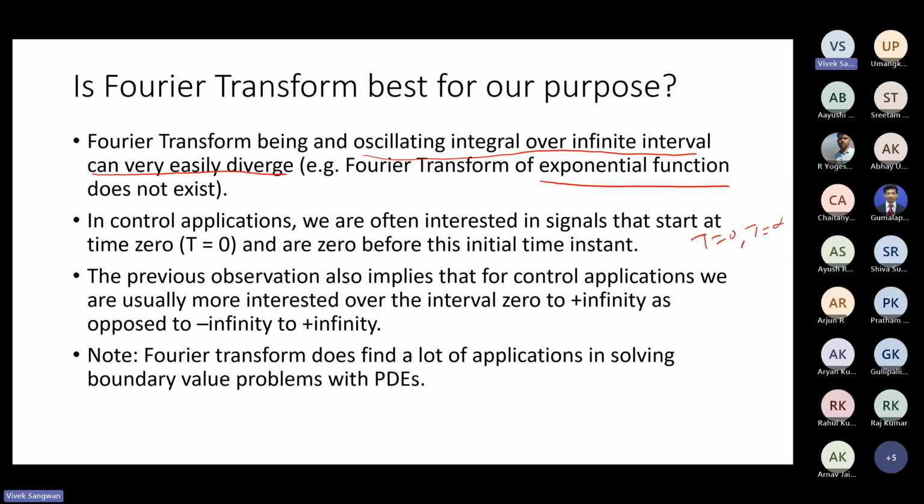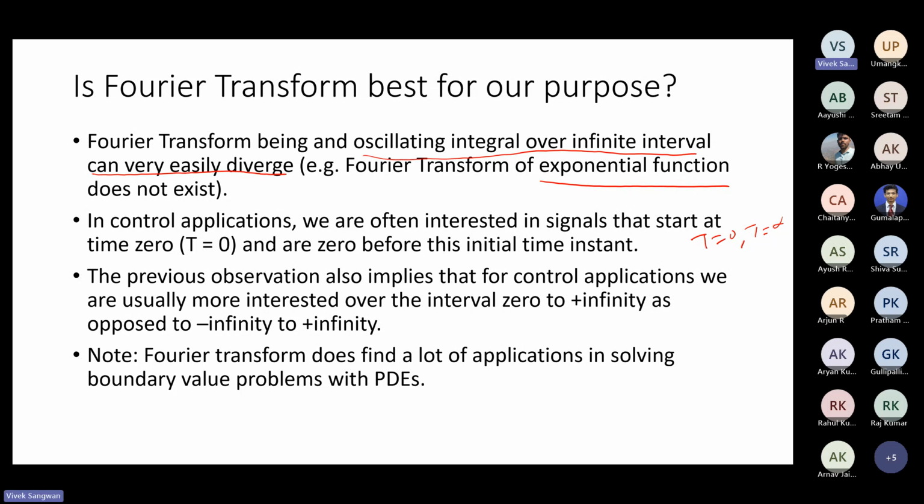Our control systems will always start from 0 at some time instant. So it is better to have a tool specifically designed for those situations, starting at t equal to 0. That tool is the Laplace transform. It starts at t equal to 0, exists for a much larger class of functions compared to the Fourier transform, and also tells you about frequency content.